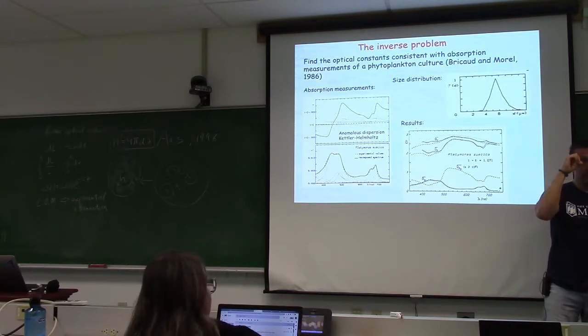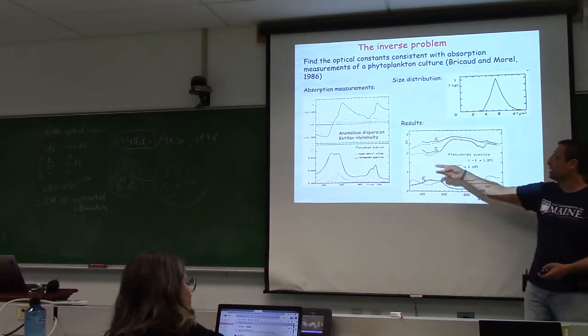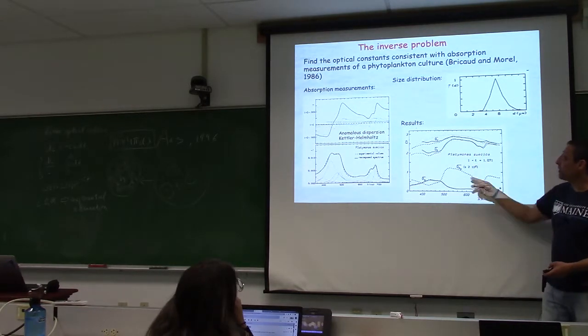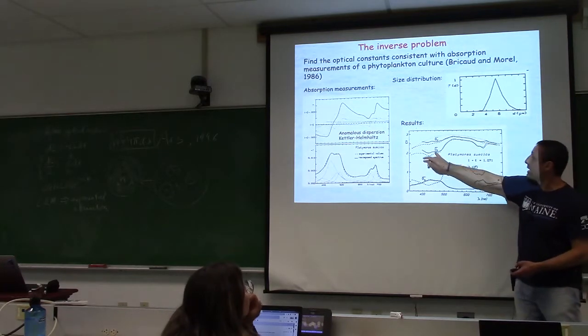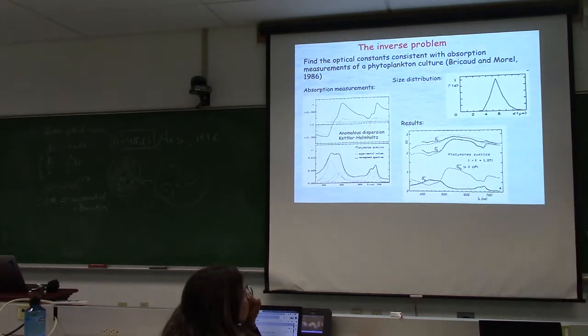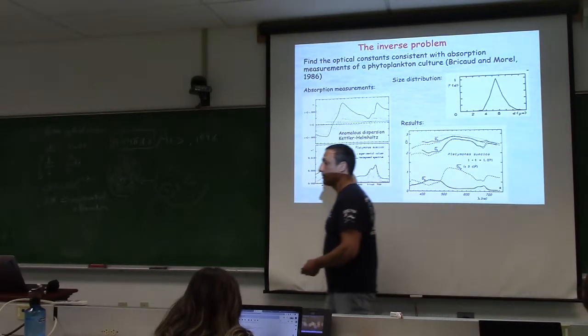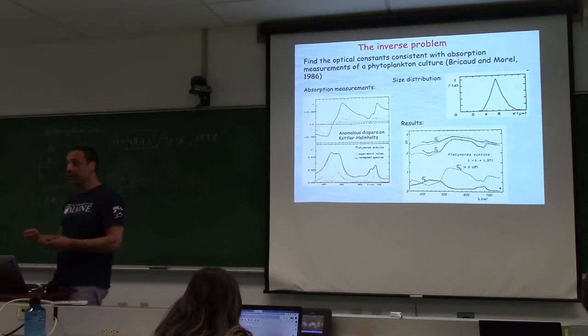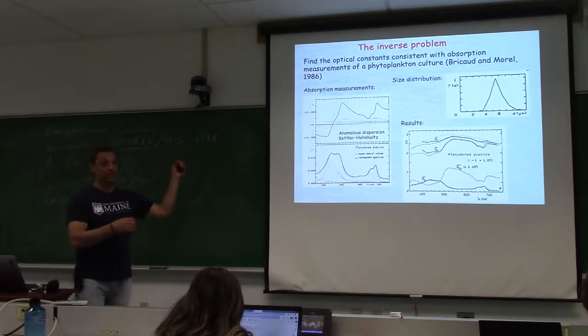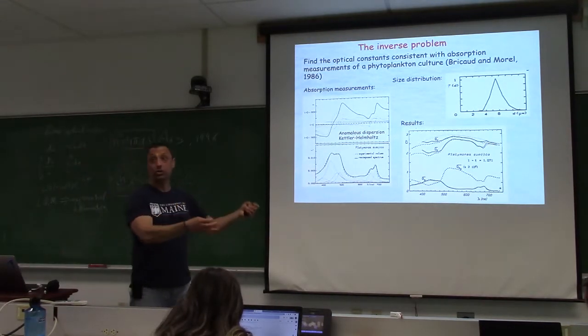So based on size, you know the geometric cross-section. And they're getting results that are very consistent between model and measurements of scattering and attenuation, by just inverting the absorption. And they have a backscattering here, but for this one they didn't have measurements, so it's only model.